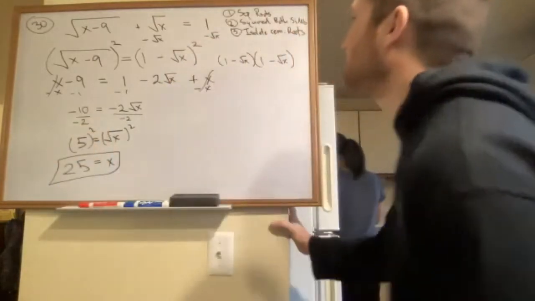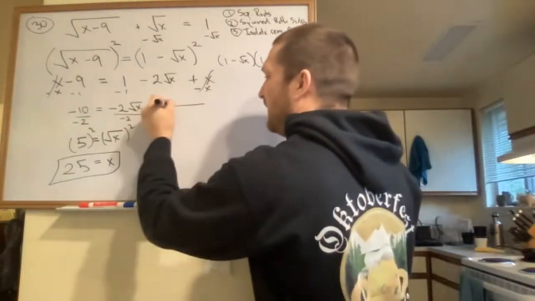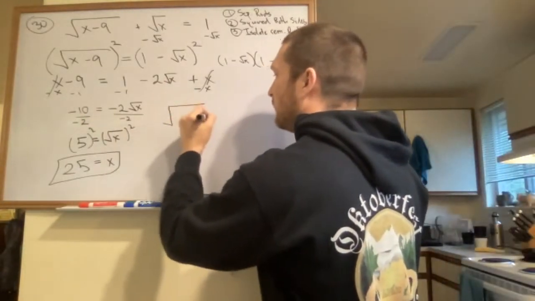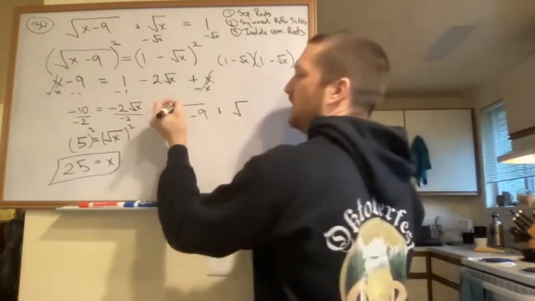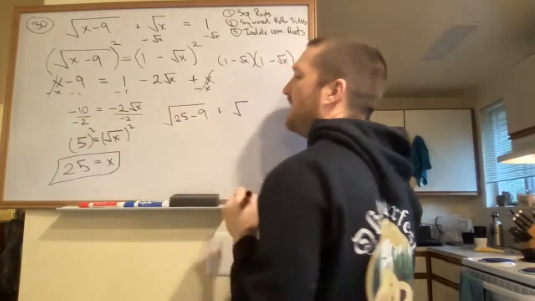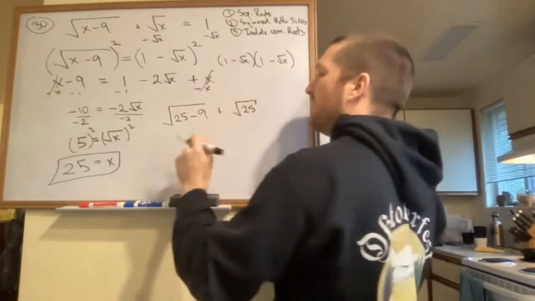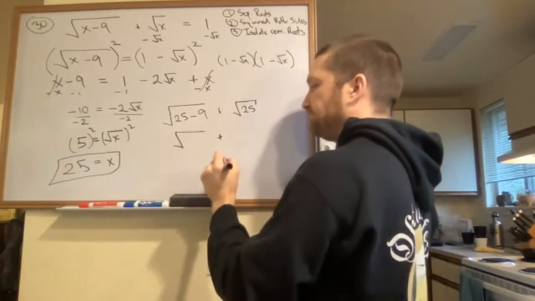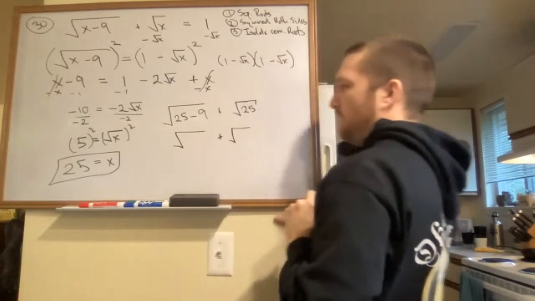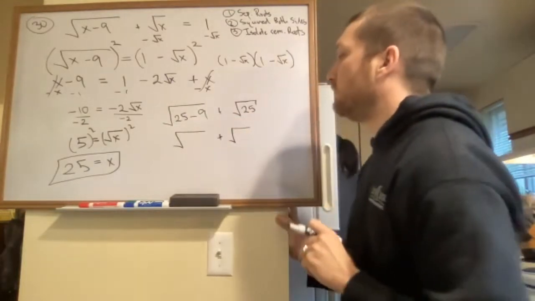Are we done? No. So I'm going to leave holes where my x's are and replace them with 25. So we have the square root of 25 minus 9 plus the square root of 25. What is 25 minus 9? Simple math. 16.